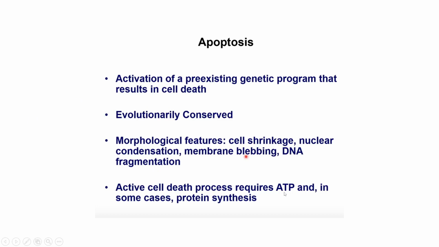And the cell death process requires ATP and in some cases protein synthesis. Okay, so certain proteins are required, as we'll be discussing, and it also requires ATP. Transcription and translation of apoptotic proteins are required for the development of apoptosis inside the cell.